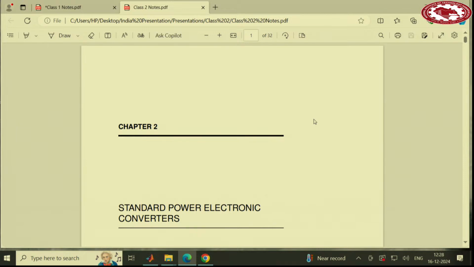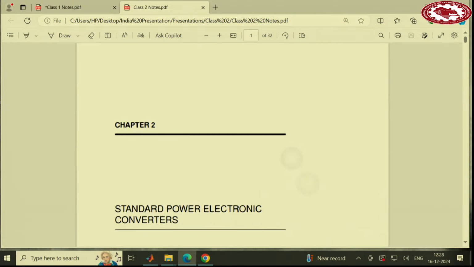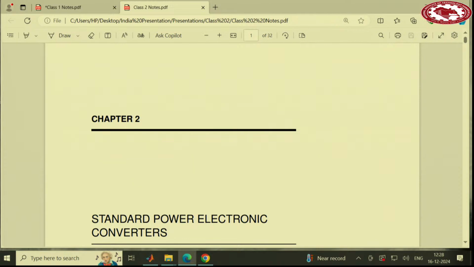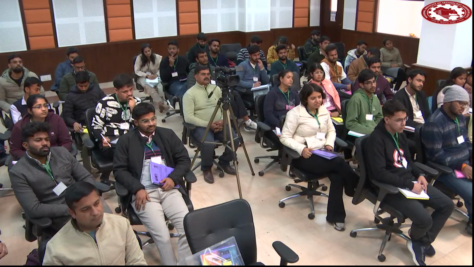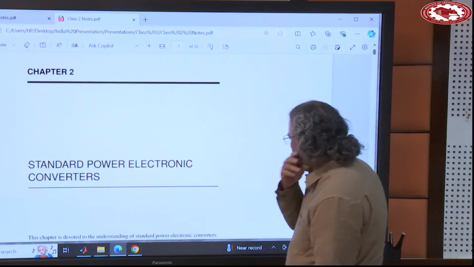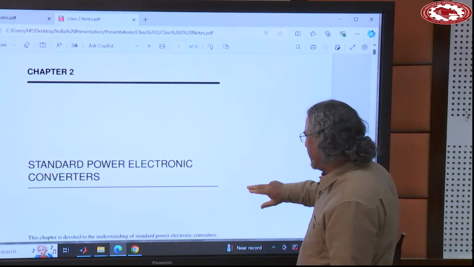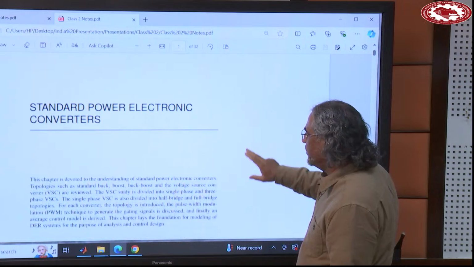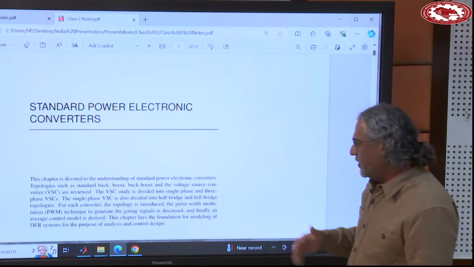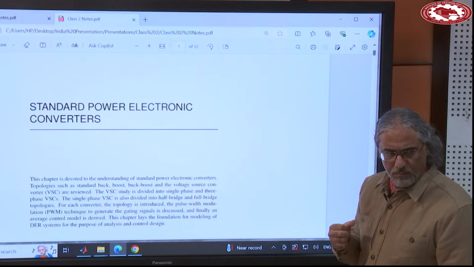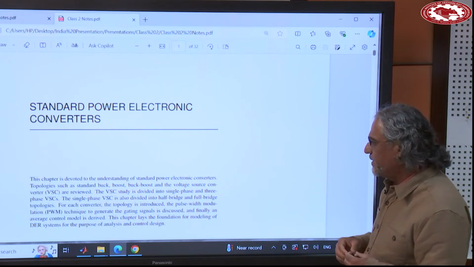Okay. So this chapter is about converters, going into details of, I think, 4 or 5 different converters and trying to understand how they work, and analyze them and model them, so to speak, mathematically.